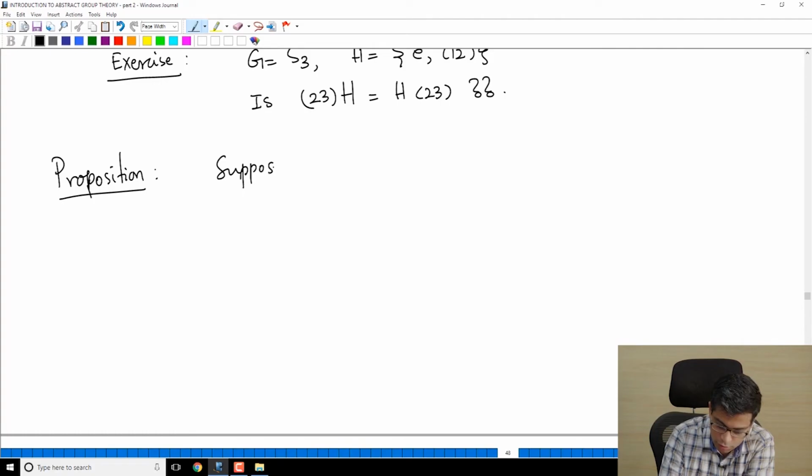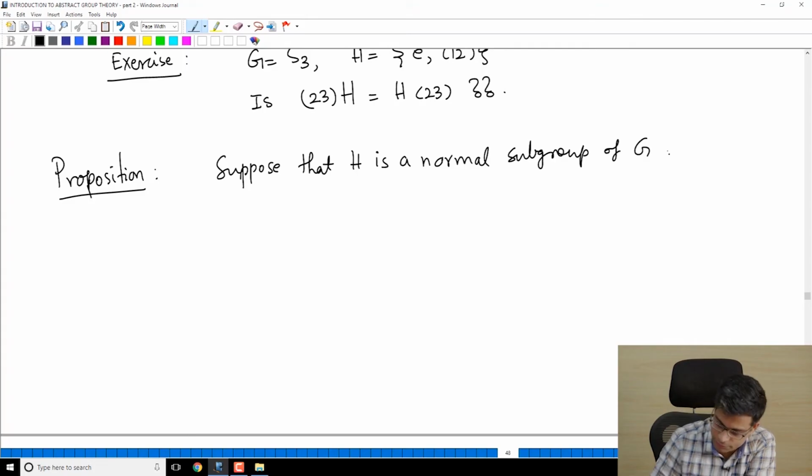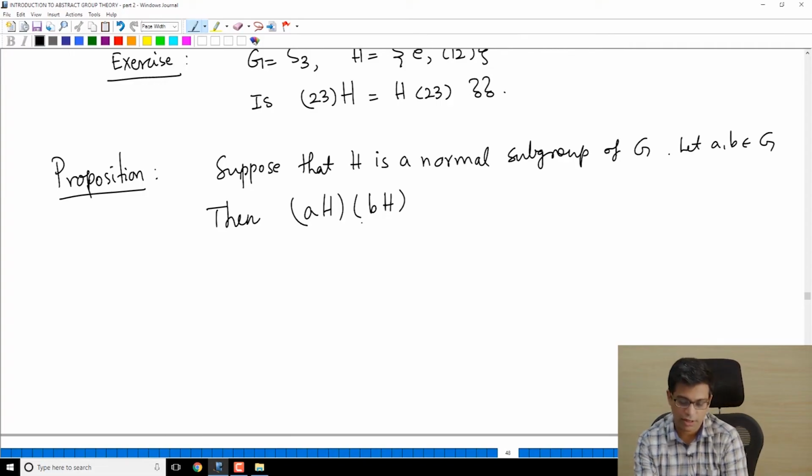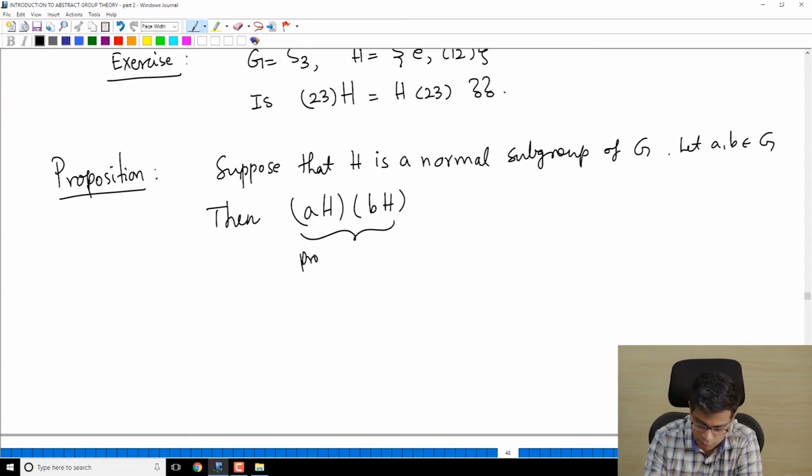Suppose that H is a normal subgroup of G. Then let A and B be in G. So I'm taking two arbitrary elements of G. AH times BH is, by definition, the product of two sets that I have defined earlier, the product of these two cosets.